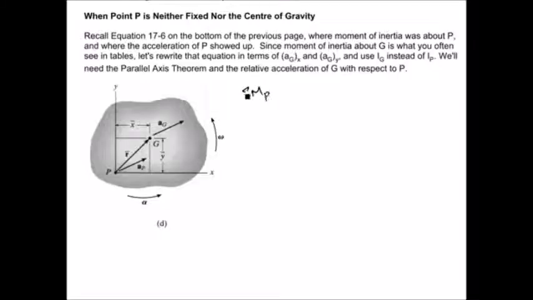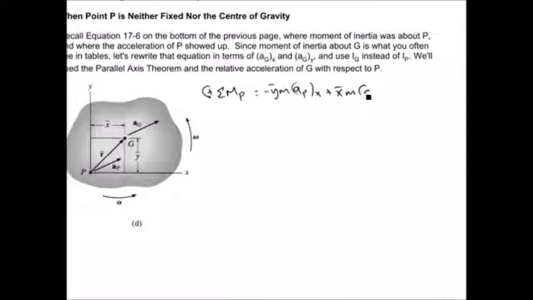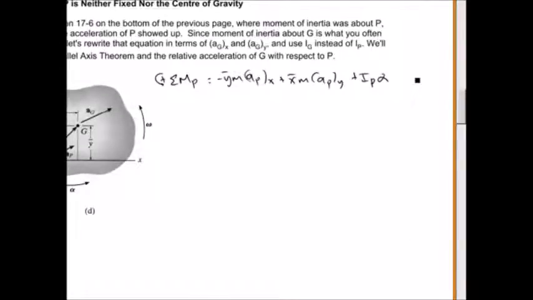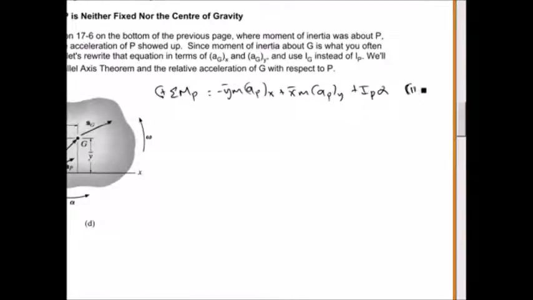Sum of the moments about P, positive counterclockwise, equals minus y bar m times P's acceleration in the x direction, plus x bar m AP in the y direction, plus IP alpha. So again, that's equation 17.6.